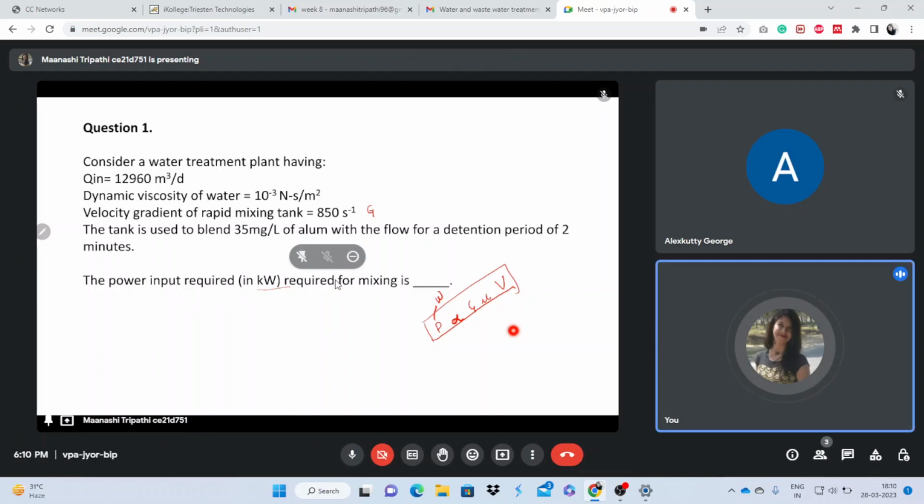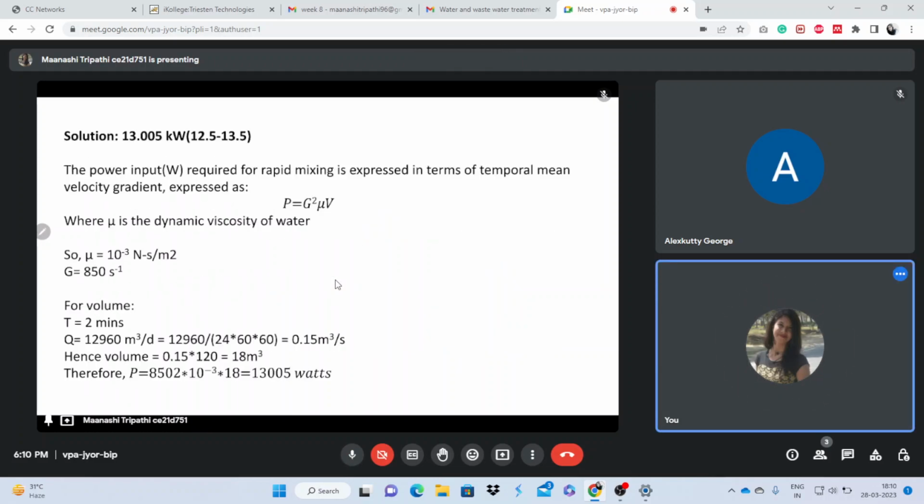Okay, we will see the solution. The power input in watt required for rapid mixing is given by this expression. The question was in kilowatt, but here it's in watt. This square term was missing in the previous thing. That's why I had written proportionality constant instead of equal to.